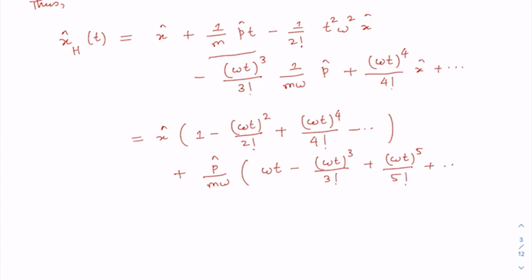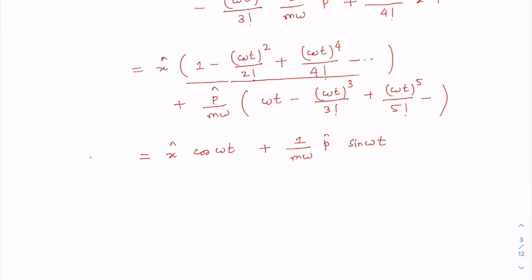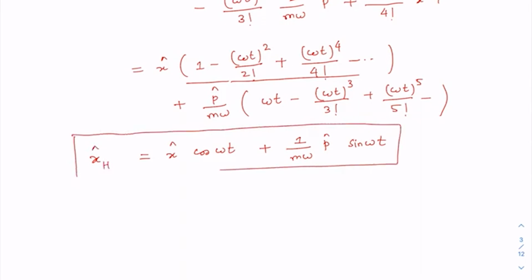Okay, I think maybe you will get here a minus sign. So you'll get basically a series, and you can recognize that this series is nothing but your cosine series, so you can write it as x cap cos omega t, and the other one you can write as 1 by m omega p. This one is the sine series, sine omega t. Alright, so therefore the Heisenberg representation of the position operator is simply this one.